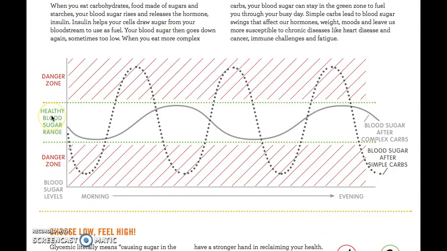But what happens is if you eat simple carbohydrates too much of the time, then you'll have a spike in blood sugar that rises really quickly and goes really high after you eat the simple carbohydrates, and then it goes really, really low afterwards. So if you're having energy surges after you eat certain foods and then energy crashes later, this is what's happening: your blood sugar is going into this danger zone, which is either too high or too low, and that happens when you eat simple carbohydrates.